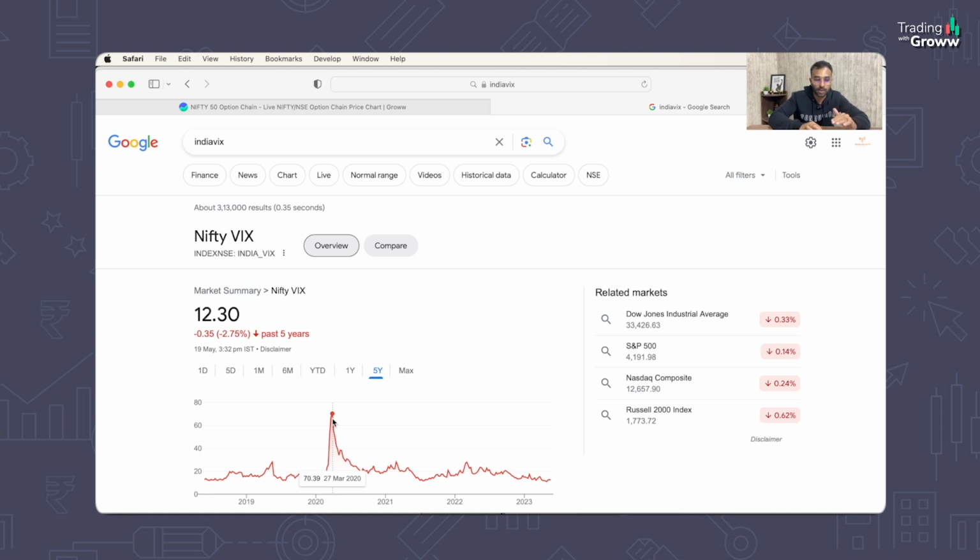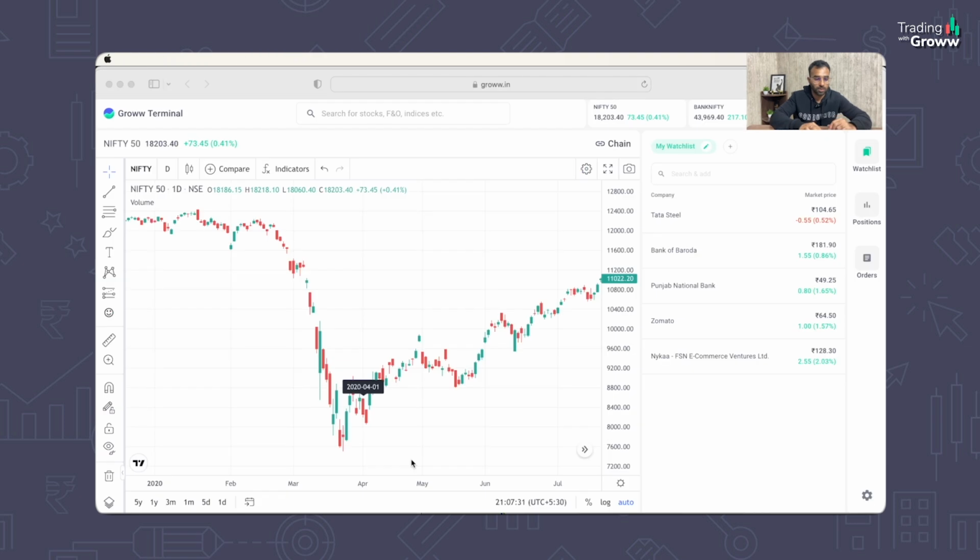If we see the same ATM options back in March or April 2020, they would be trading at a relatively higher price. So let's see historically what the same ATM straddle, or ATM CE price or PE price, would have been back then in April or May 2020. Let's look at the Nifty chart as of April 2020.